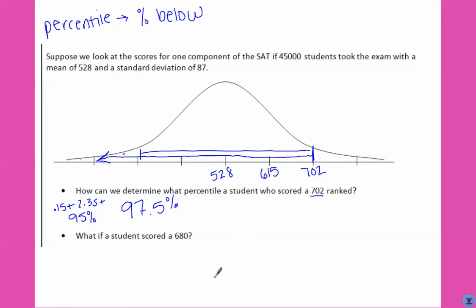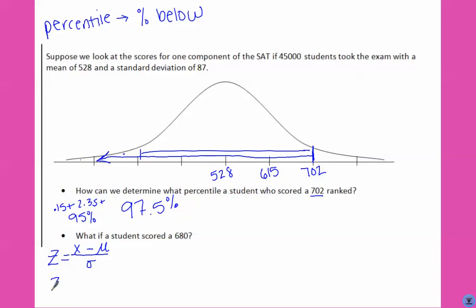What if a student scored a 680? 680 is not exactly a certain tick mark on this graph. So we need to find the z-score first. Remember the z-score formula from last class is x minus mu over sigma.